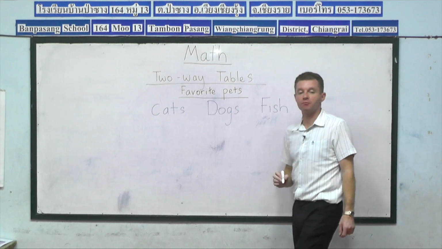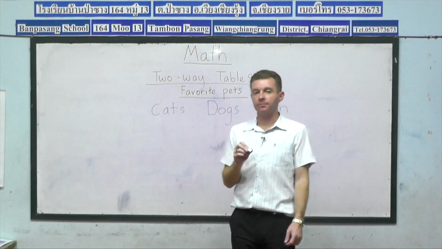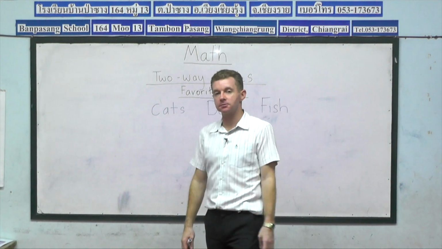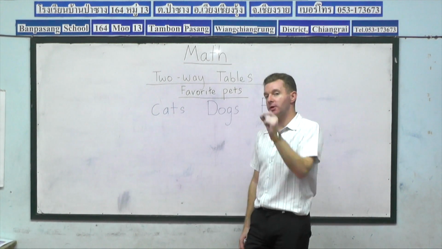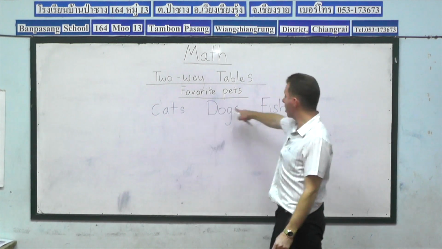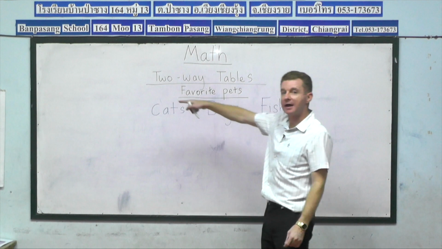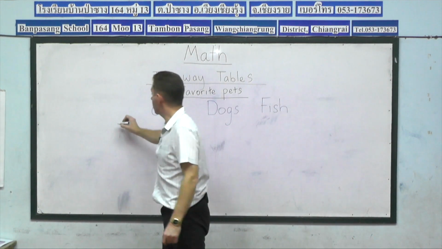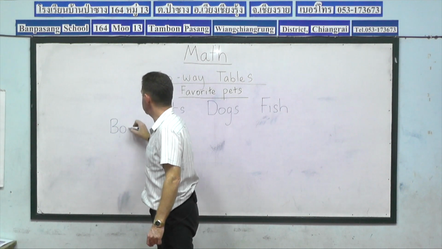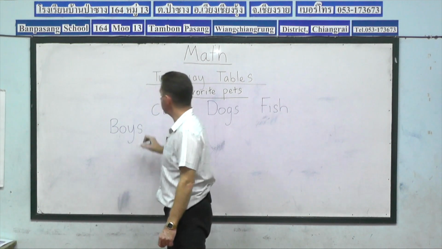We'll stay with 3. But what we want to know is about different people if they like different animals. So we're going to be asking boys, and we're also going to be asking girls. So we've got our pets along the top. We'll have our category 2 along the side. Boys, B-O-Y-S.